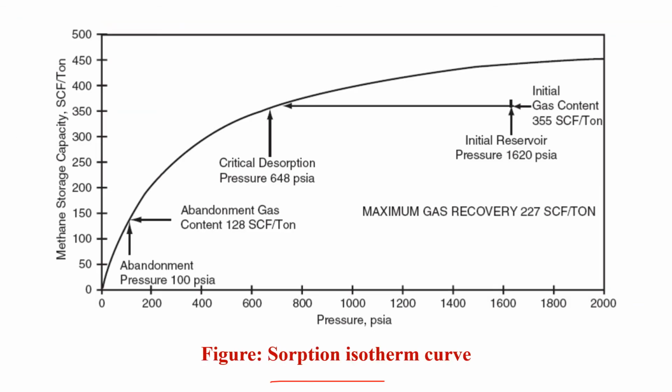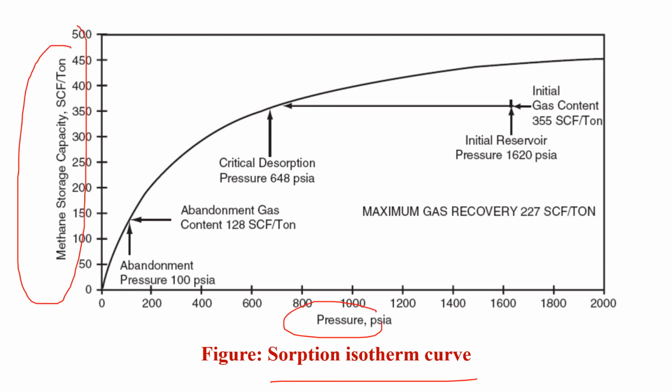So the sorption isotherm looks like this. I am giving an example. So methane storage capacity in SCF per ton versus pressure. So initial gas content at some high pressure is 355 SCF per ton, for example at a pressure of 1620 psi. As pressure declines across the reservoir, desorption happens at 640 psi.